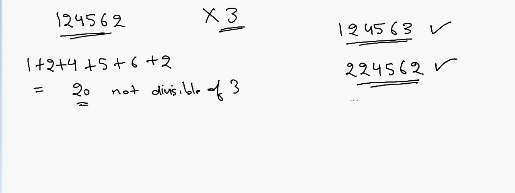Or we can increase 1 in each of these and say 235562. This should also be divisible by 3. What I'm doing is modifying the number just enough so that the sum remains divisible by 3, so the whole number should be divisible by 3. That's how this trick works.